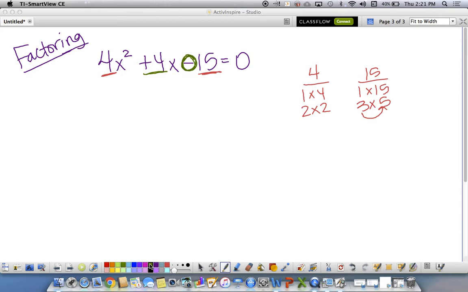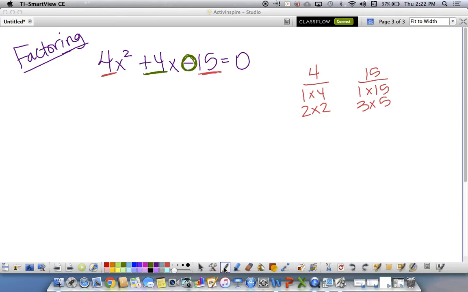Okay, so I'm going to subtract factors that will add to a positive 4. Okay, but I have to know which factors to use. Okay, so I'm going to go over here to my list of factors. I'm going to erase really quick this little arrow because I don't want that there. Okay, so I start checking.